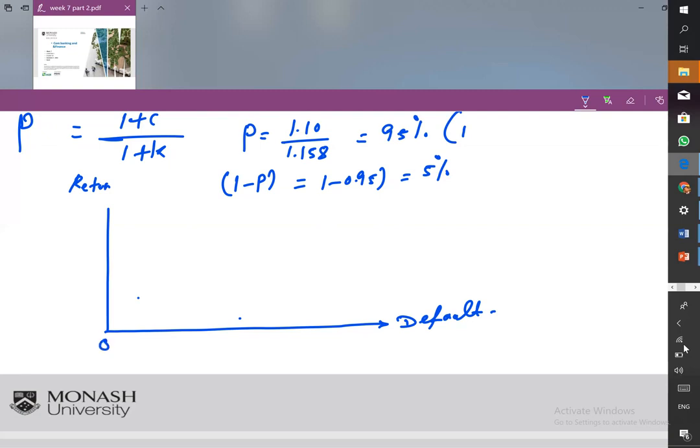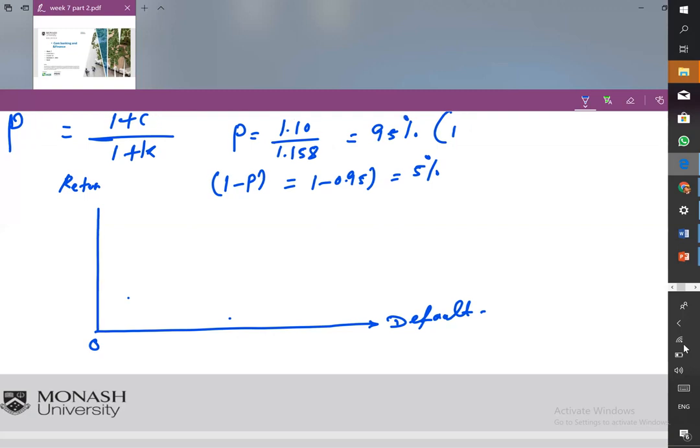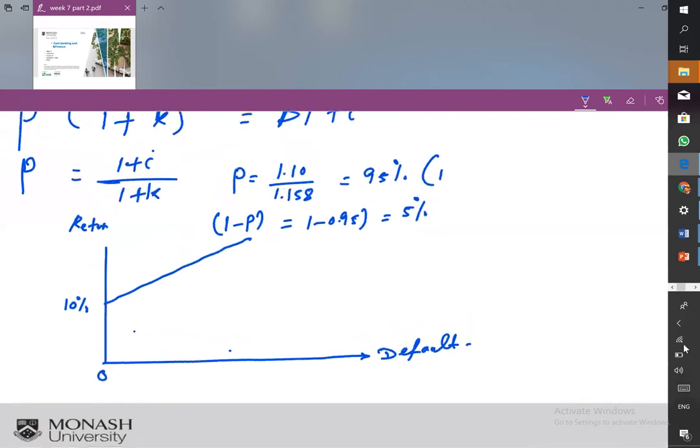If I invest in corporate rates and in risk-free, it will be like this: this will be 10%, which is the risk-free, and this will be, according to this calculation, 15.8%.